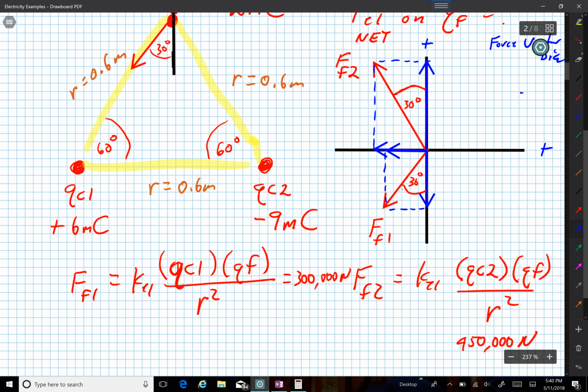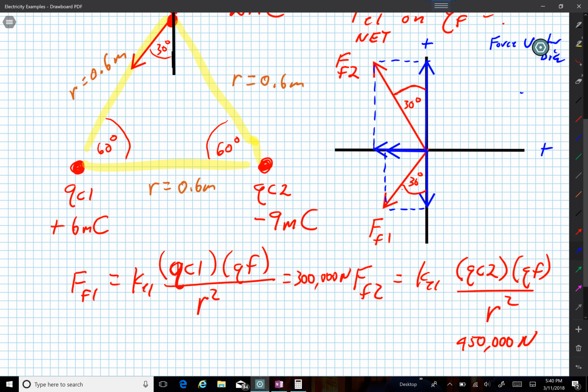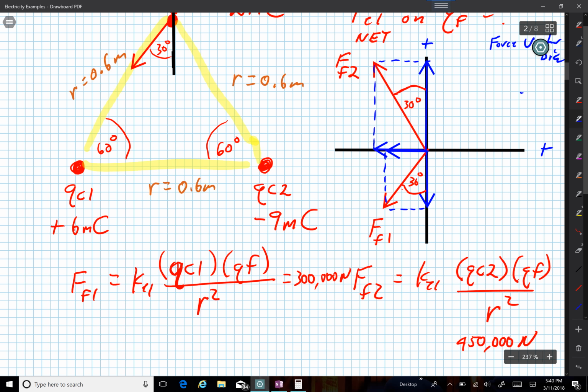These are all components, so let me give them appropriate names. So this is FF2y, and this is FF2x, and this is FF1x, and this is FF1y.